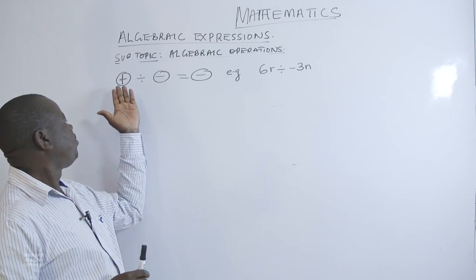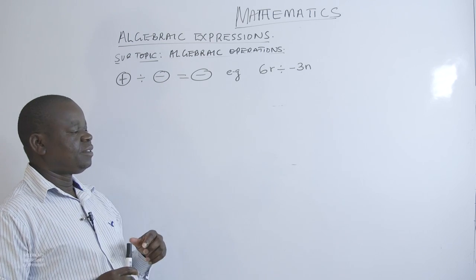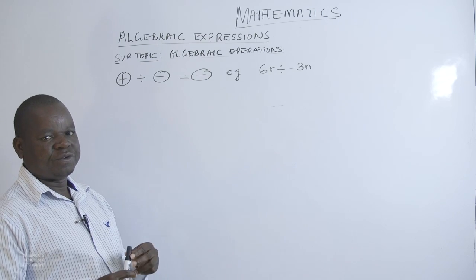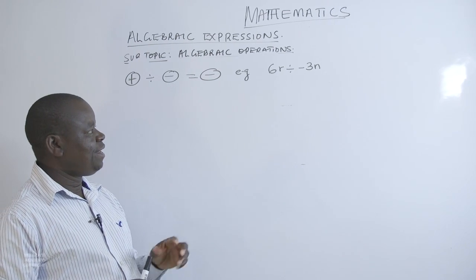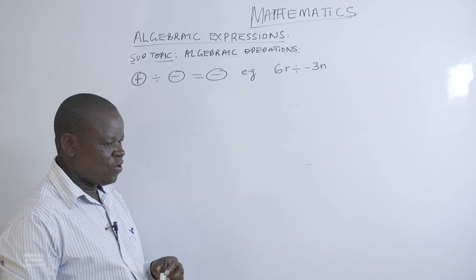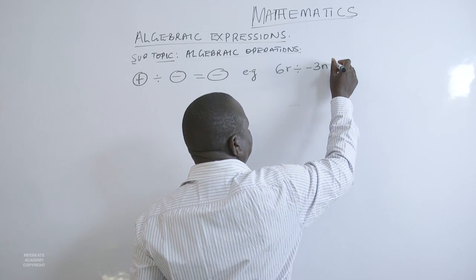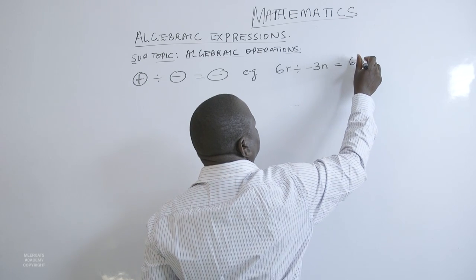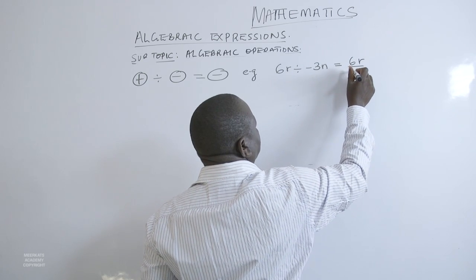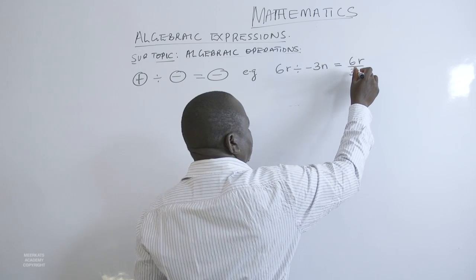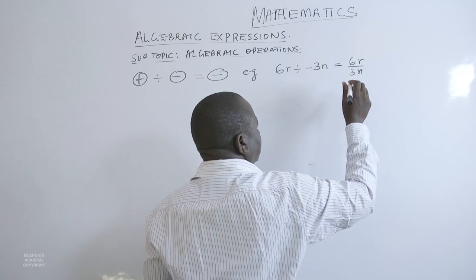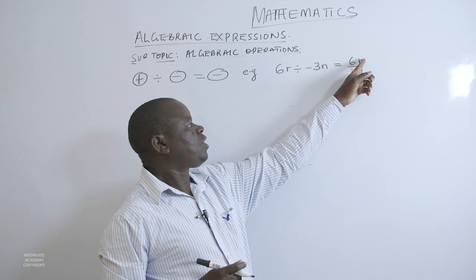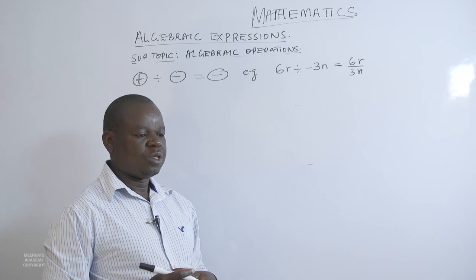So here we have positive divided by negative. The answer is negative. In this case, we follow the same procedure and write this one as 6r divided by negative 3n.